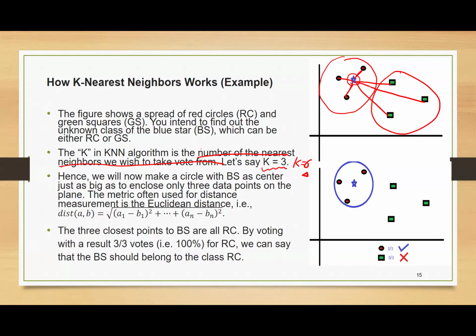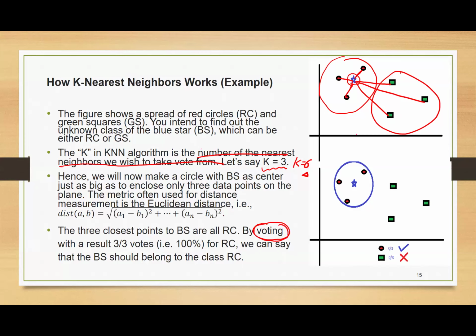Then we don't know which class this star belongs to, because we are going to use a majority vote. By voting, so always say majority vote.